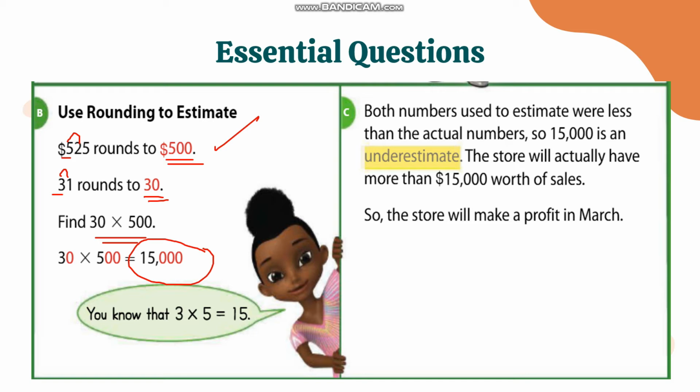So both numbers used to estimate were less than the actual numbers. So 15,000 is what we call an underestimate. Why? Because 525 becomes lower, it becomes 500, and 31 becomes lower, it becomes 30. That's why your estimated answer is an underestimate.